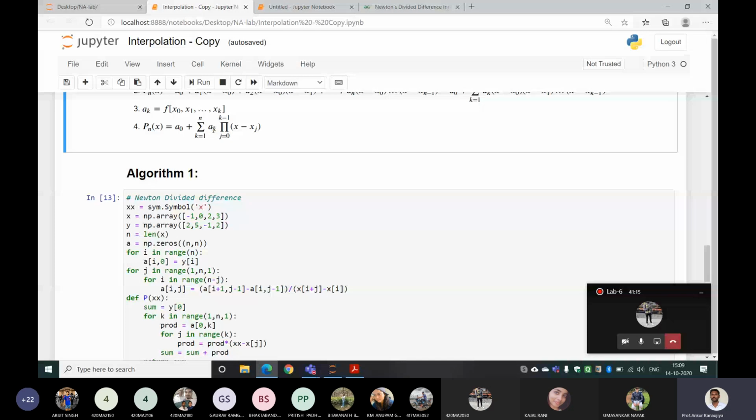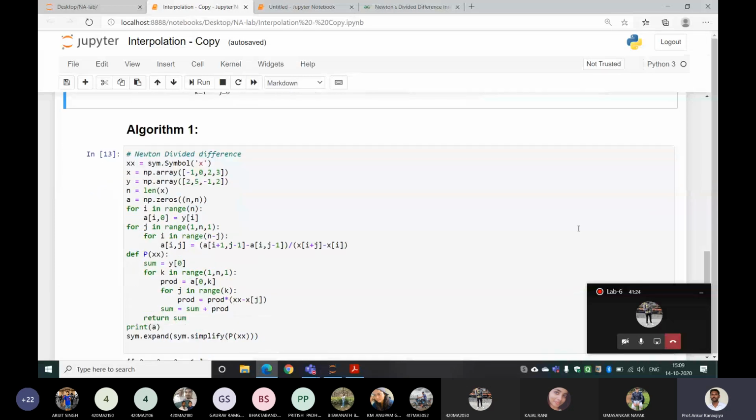It is not 1, it is ak, though you can take 1 also, no problem. Every time this is multiplying by this, and then this is the product. So for the product I assign a0k, that is ak, 0 because it is the 0th row. All the first entries of the column will be ak. So that's why the initial product is this one. Then use the loop.